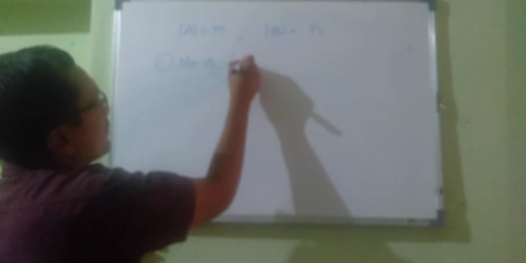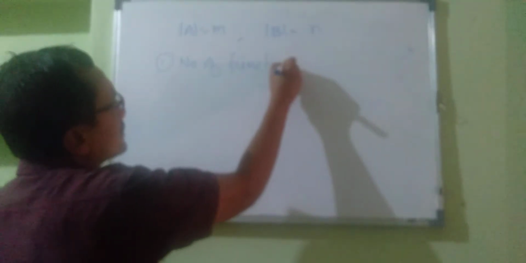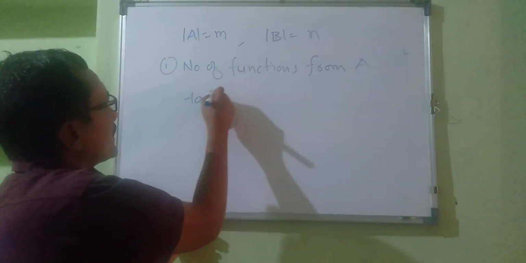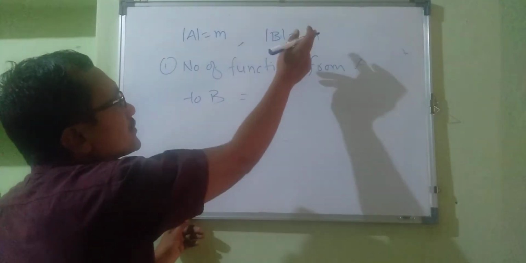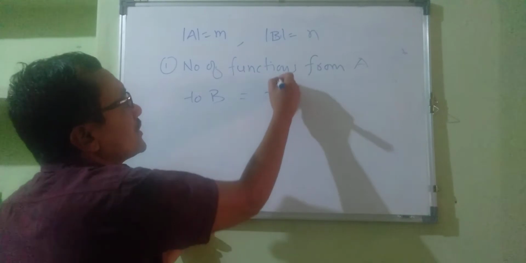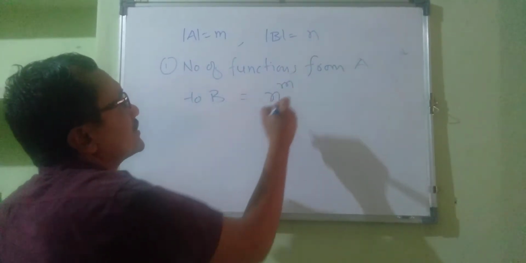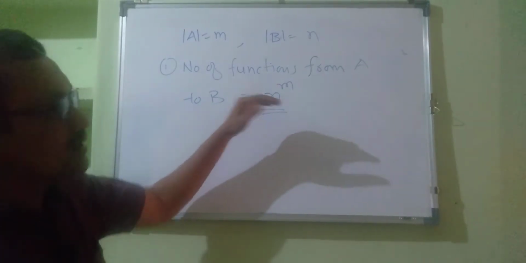The number of functions from A to B is the codomain size raised to the domain size, that is n raised to m. So it is n to the power m.